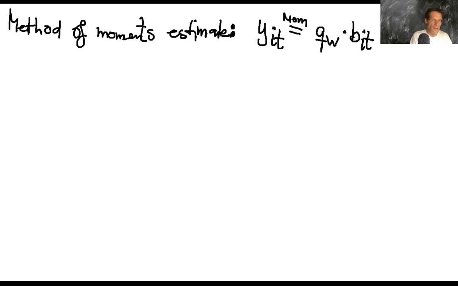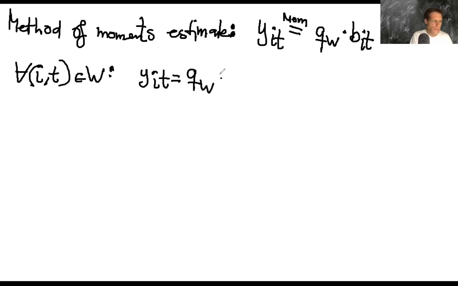So that means that for all i and t in our space-time window, we will have that y_it is equal to q_W times b_it if we do this method of moments estimator, right?